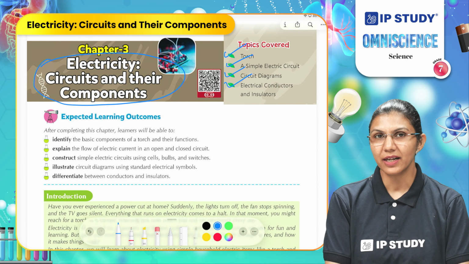Next is the LED lamp. We can use various kinds of bulbs here. One of the devices which can be used to check the flow of current in a circuit is the LED lamp, which is a light emitting diode. If you notice an LED, you will find two wires coming out of it. One is a shorter end and the other one is a longer end.